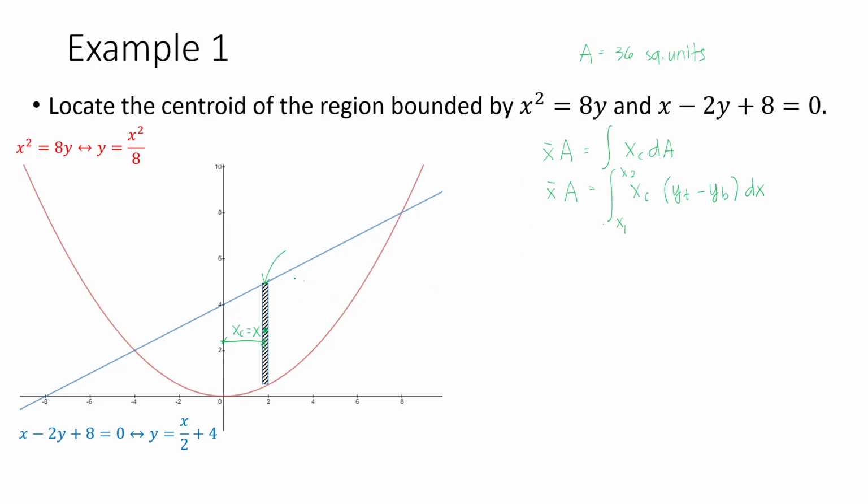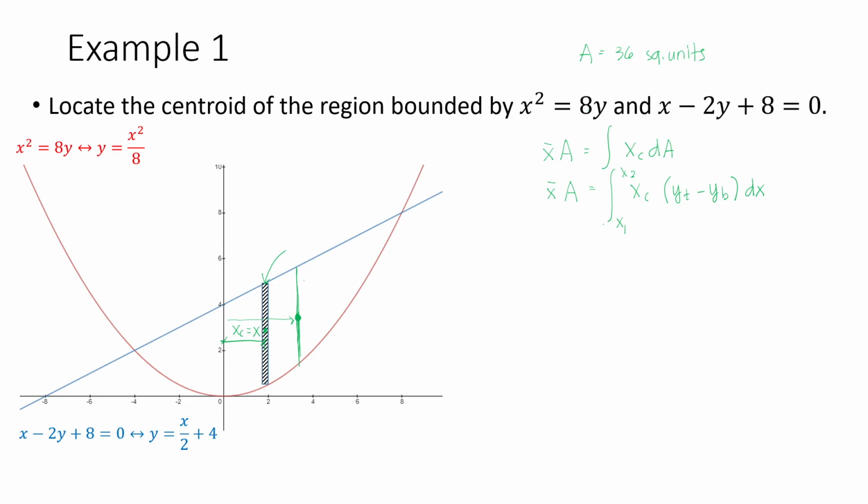Try to imagine this one as just a line. Let's say this is your line, and this is the centroid. Going towards this particular point is x sub c, and in terms of the x variable, that would be x units.